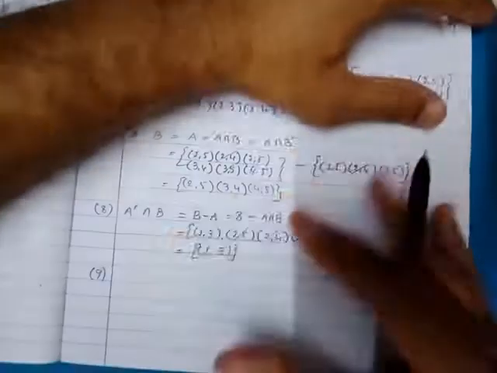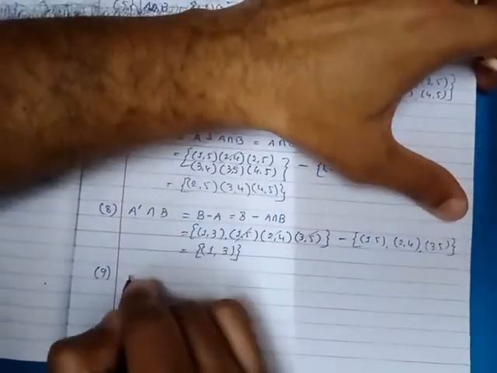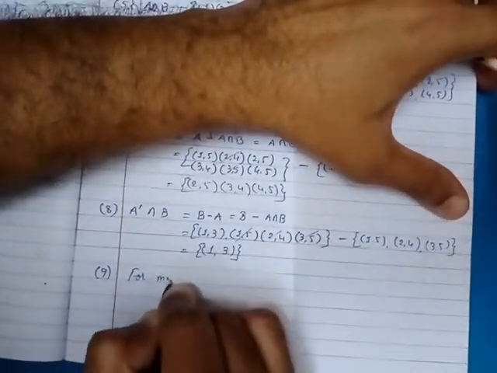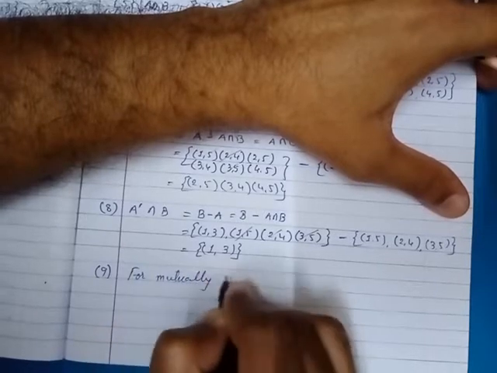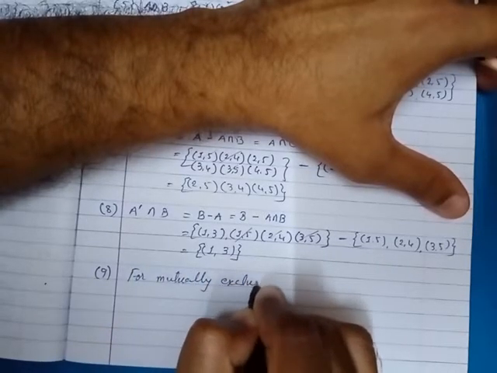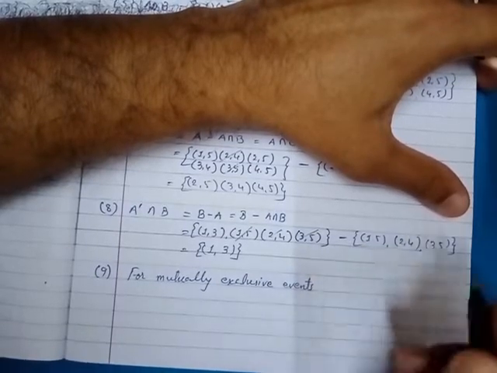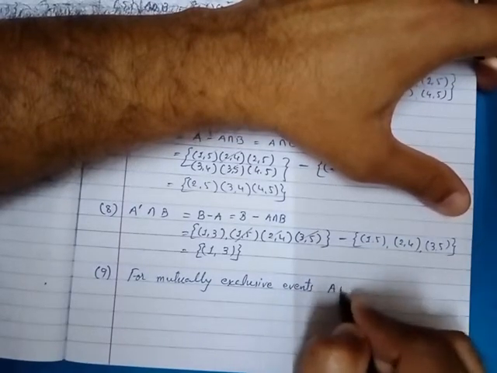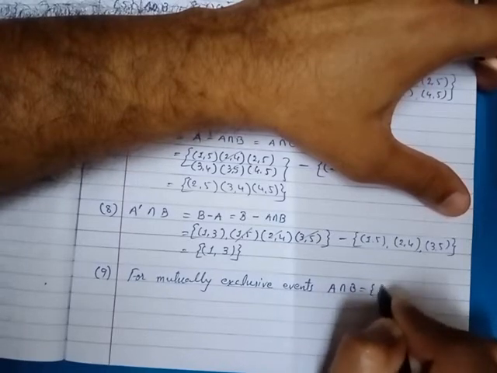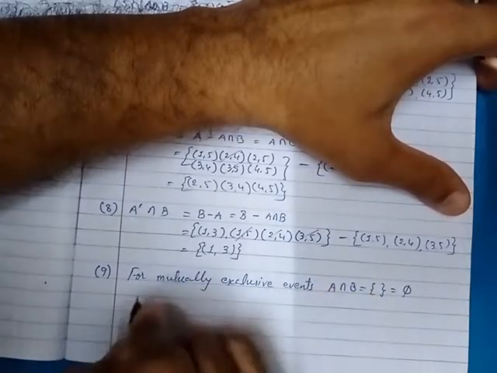So we'll write over here first of all, for mutually exclusive events A intersection B is equal to null set or phi.